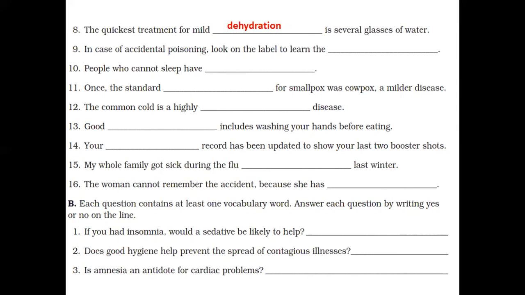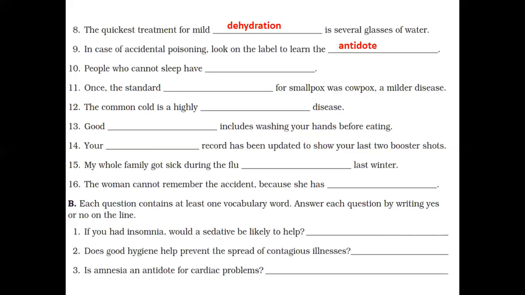So we will learn about the antidote. Okay, the antidote is the opposite of poison. So we will look at what we should use to kill the poison before the poison kills the person, kill the effect of poison.